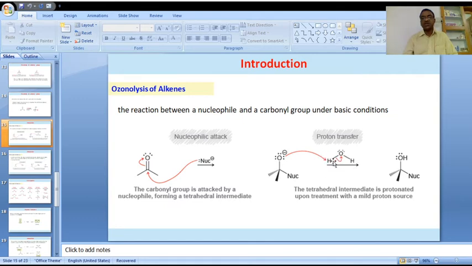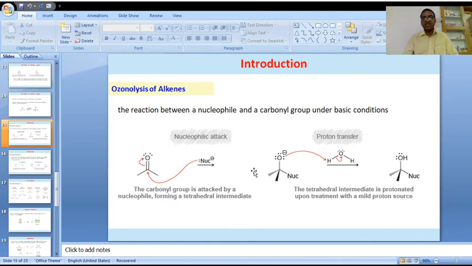From this proton source, the proton is transferred to the O negative side to form the tetrahedral structure of this alcohol. Is it clear?